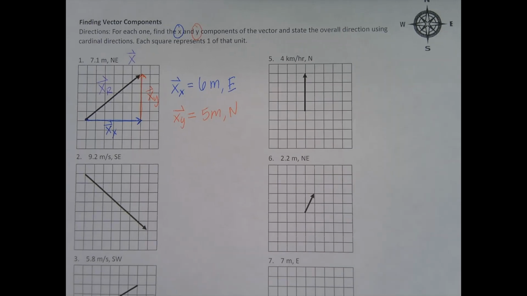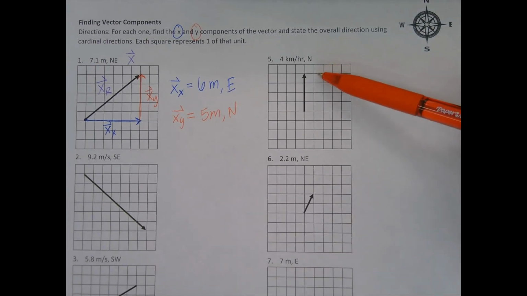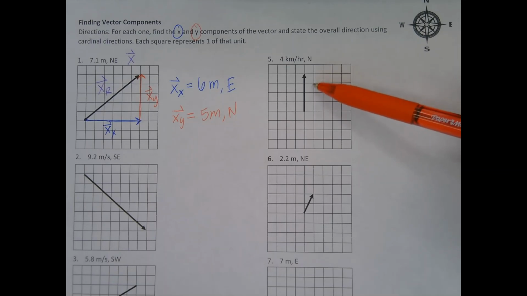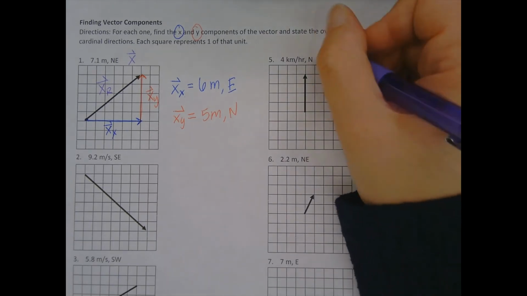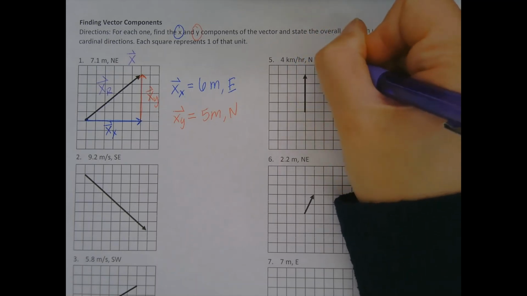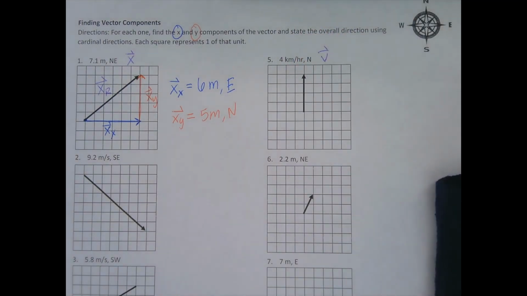Okay, one thing I want to point out to you is hop on over to number 5. Is this 1-dimension motion or 2-dimension motion? Is there an X and a Y? No. Is it just a Y? Okay, so, and since it's kilometers per hour, I'm using a velocity as my notation. It's a velocity vector.